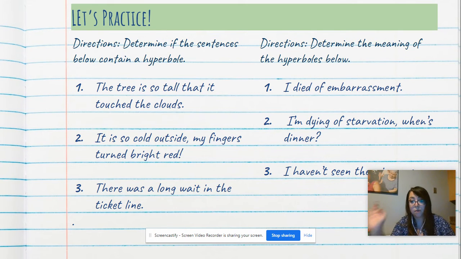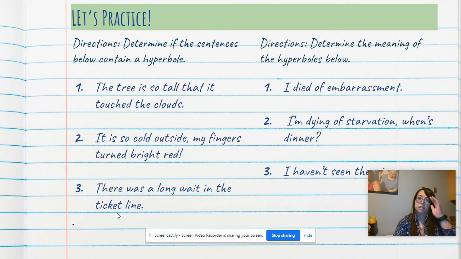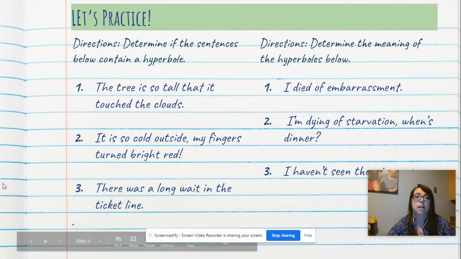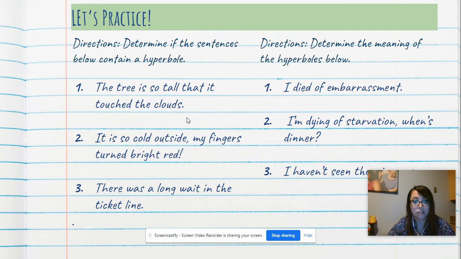So let's practice. It says, determine if the sentences below contain a hyperbole. So we are looking for what's a hyperbole. And what is a hyperbole? An exaggeration that is not meant to be taken literally. So this first one says, the tree is so tall that it touched the clouds.